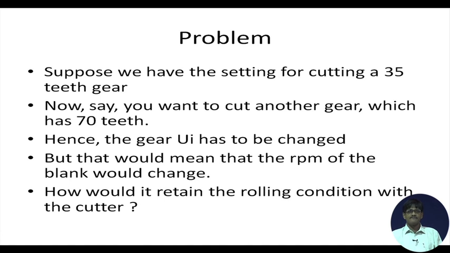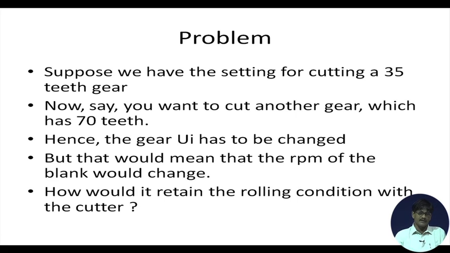Suppose we have the setting for cutting a 35 teeth gear. Now, say you want to cut another gear which has 70 teeth. So, 35 teeth gear has to be cut and you have cut it, and the setting of the machine is for the 35 teeth gear.